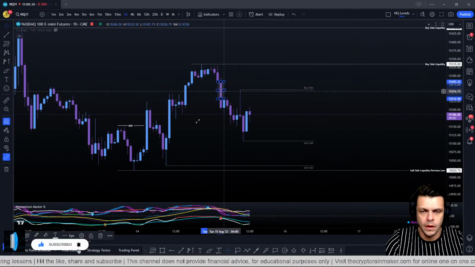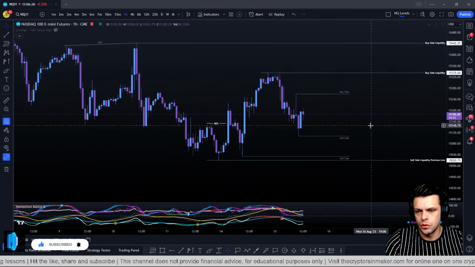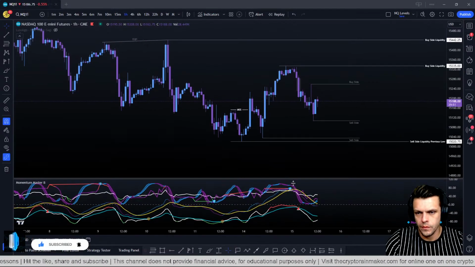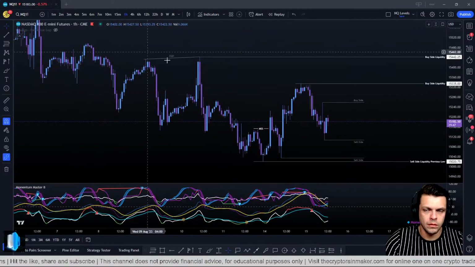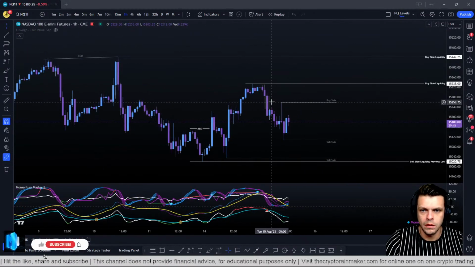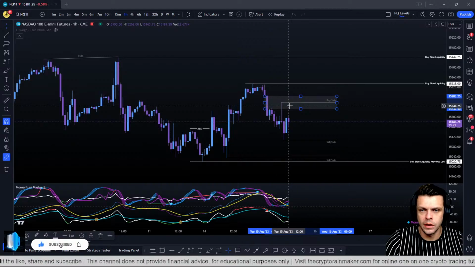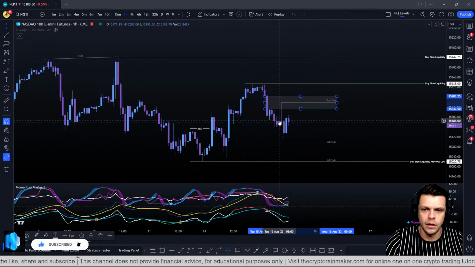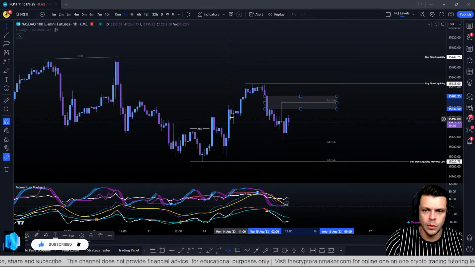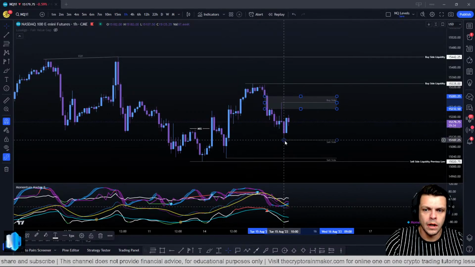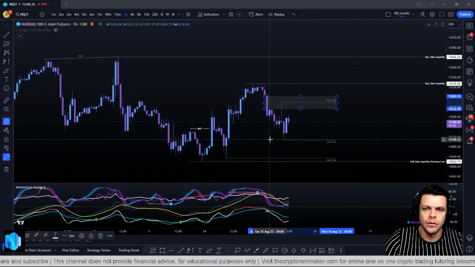Okay, so right now if we just look at this chart right here, we have a bunch of liquidity to the upside, a fair value gap right here, which is also like a magnet. It looks like we rebalanced the imbalance that we have right here, came to the OTE area and then got a strong reaction.